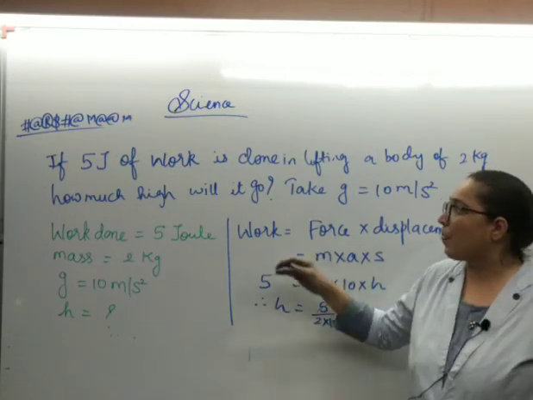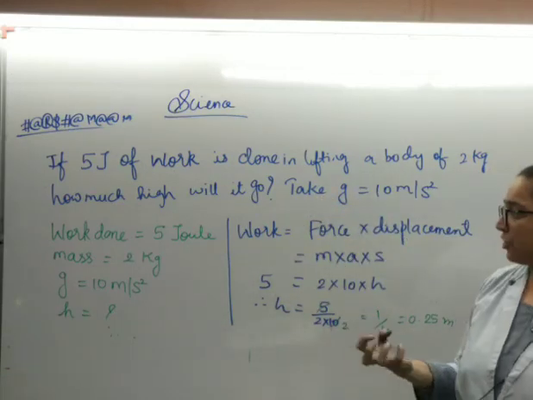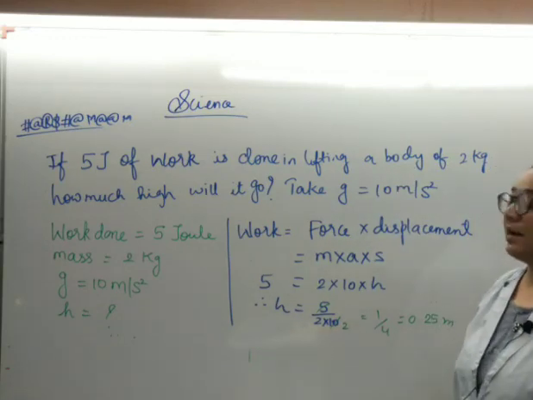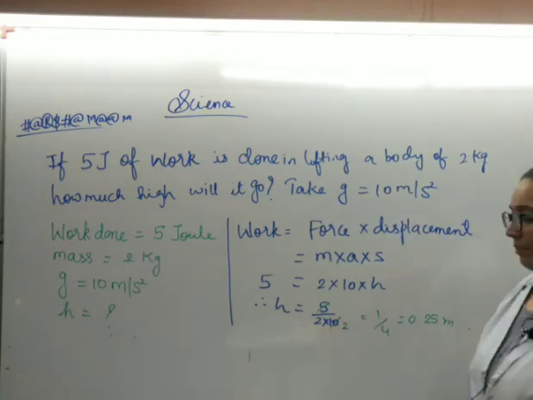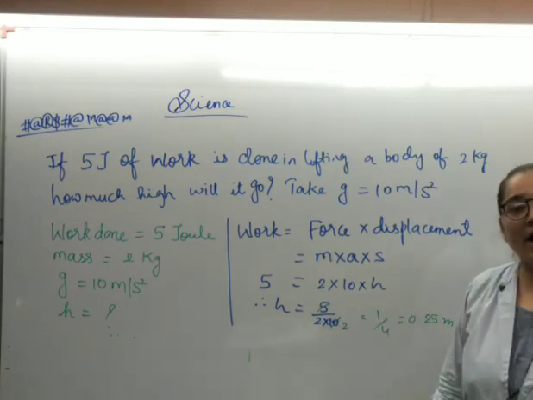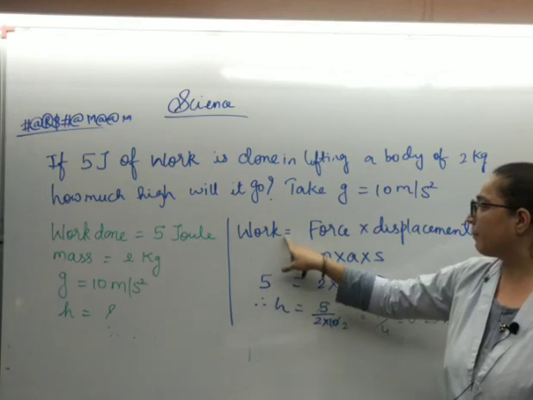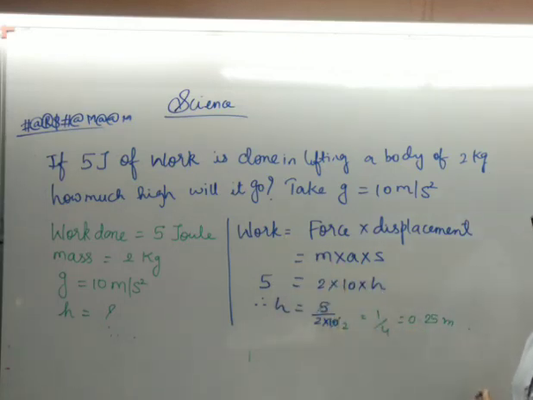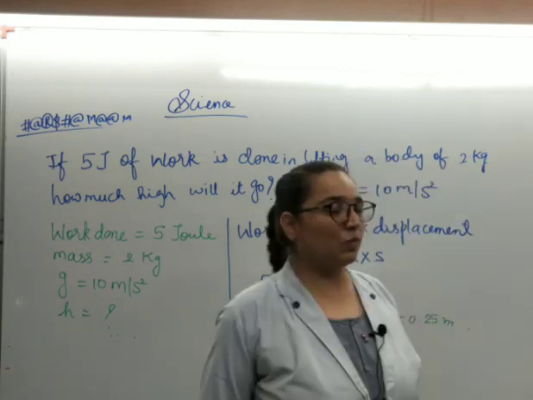Once again, you are lifting an object, work done is 5 joule. What is the mass of the object? 2 kilogram. Gravitational acceleration 10 meter per second square. What do you have to find out? Height. Height is work upon force under displacement. 5 2s are... 2 2s are 4, 1 by 4, which is 0.25.